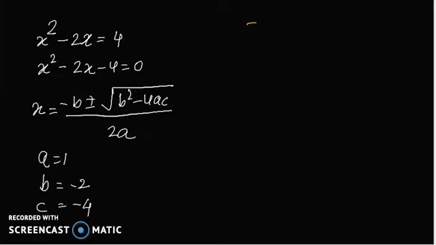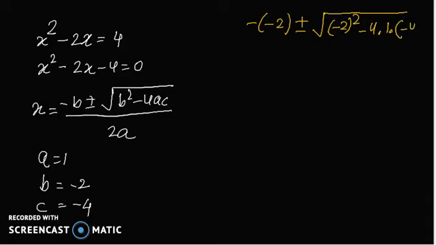minus of minus 2 plus minus root under b square. b square is minus 2 square minus 4 times a is 1 and c is negative 4, divided by, all over, and this is 2a. 2 times a is 1, so 2 times 1.